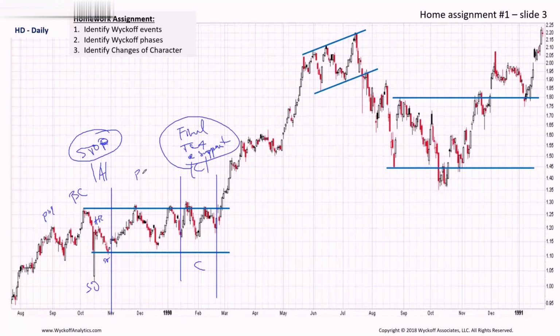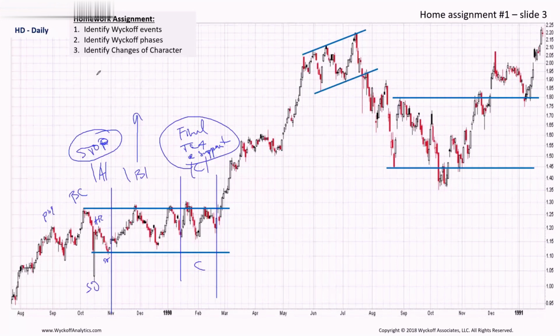Okay, so what's the intention behind phase B? Phase B essentially shows multiple areas of tests, testing the resistance to the upside and testing the support to the downside. Okay, well, Rama, I want you to come back to the schematics, because I put there the intentions for each phase intentionally. And I want you to remember those intentions.